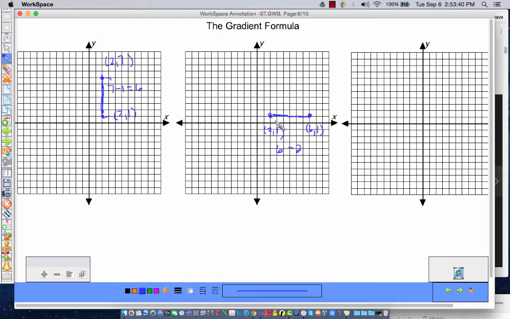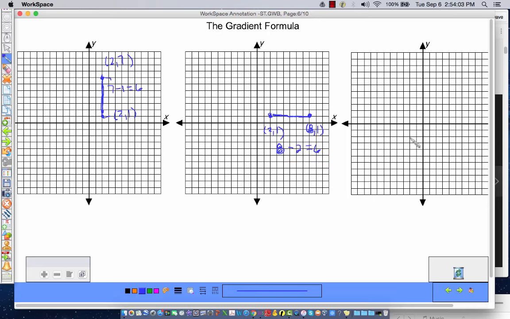Since it's horizontal, I'm going to find the difference of the x-coordinates. No, this is 2. 3, 4, 5, 6, 7, 8. I'm so sorry. So that's an 8. Messed up. So this would be 8 minus 2.